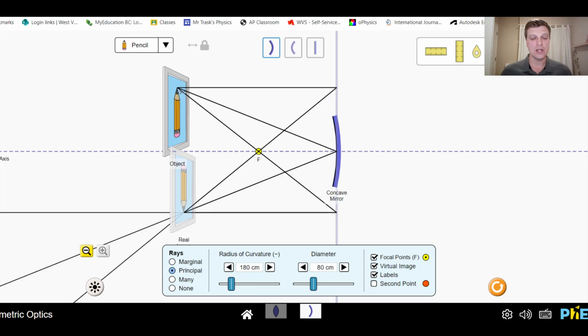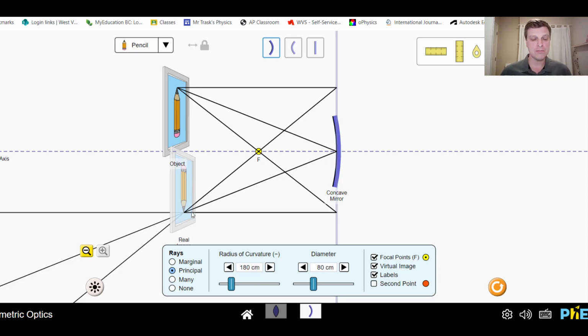Another ray of light travels through the focal point, strikes the mirror, and bounces back parallel to the principal axis. And then there's a third ray that we can draw or even just check with our ruler, which is, if I travel from the object and strike the center of the mirror, then the angle of incidence should equal the angle of reflection, and I should bounce right back at the same angle.